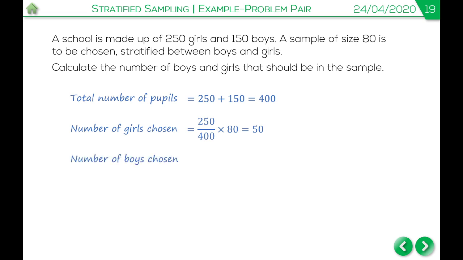Similar thing for boys: 150 out of 400 are boys, multiply that by our sample size, that gives us 30. If these numbers had ended up being decimals, we would have to round up or down appropriately. And then at the end, just check that the numbers add up to the sample size that you want.